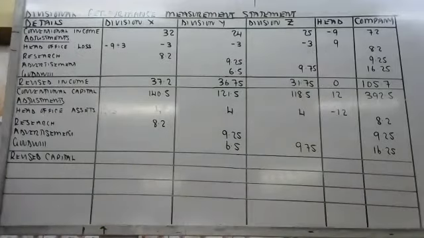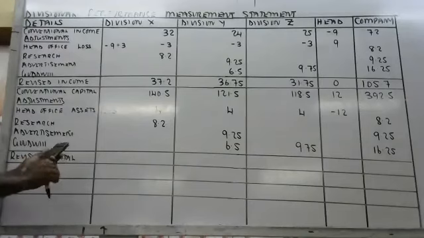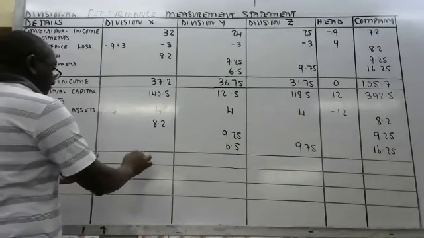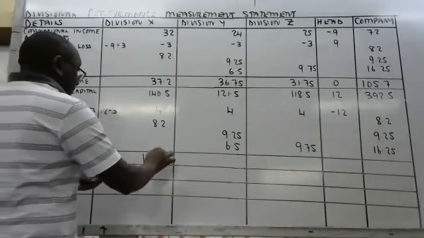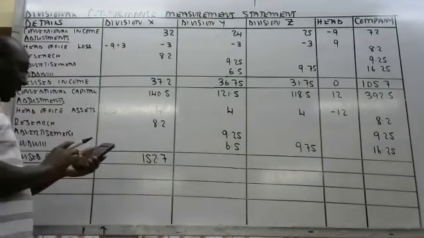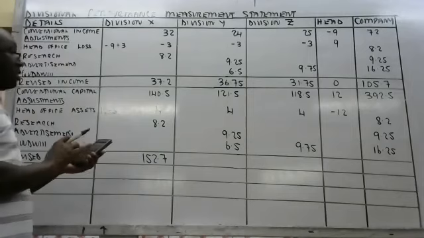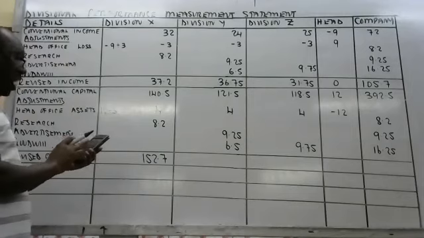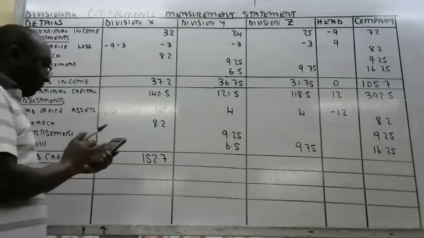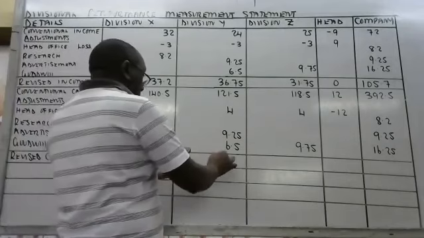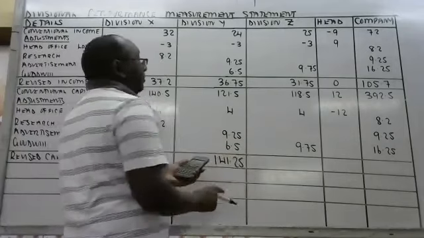So now if you do the adjustments, division X has 140.5 plus 4 plus 8.2, that is 152.7. Then 121.5 plus 4 plus 9.25 plus 6.5 is 141.25.